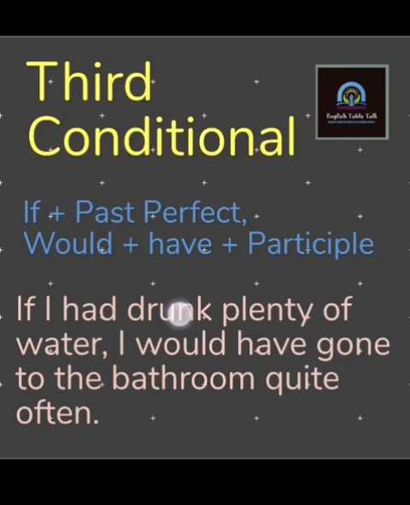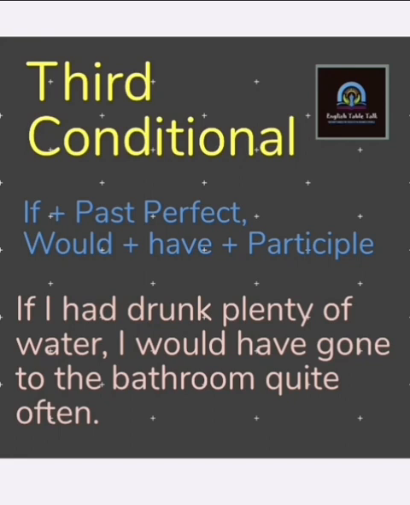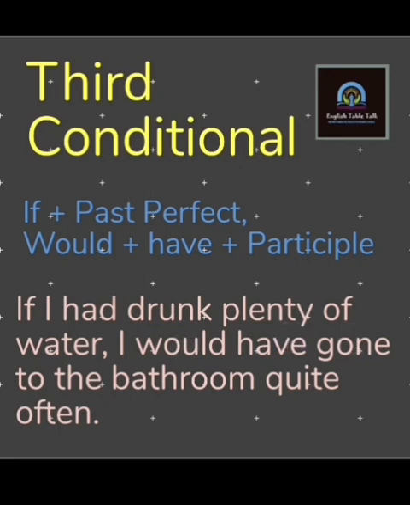If I had drunk plenty of water, I would have gone to the bathroom. This is not saying that it is true, but if this was something that we had done, then that would be the consequence. Here it's showing a cause and effect kind of relationship. So if I had drunk plenty of water, I would have gone to the bathroom quite often.